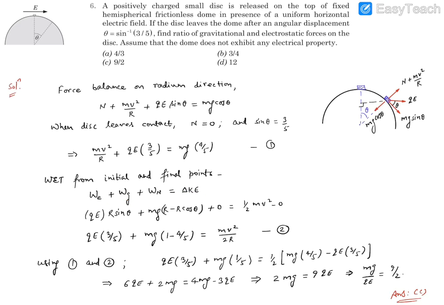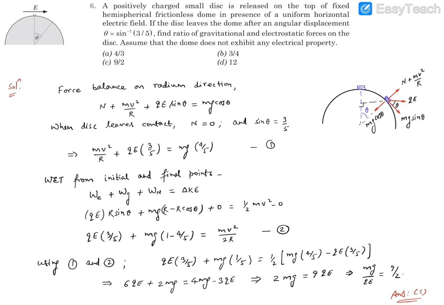Now work done by the electrostatic force is going to be F into displacement in that direction, because it's a constant force. So horizontal force and horizontal displacement. If you look at the horizontal displacement, this is going to be the displacement. This is 90 degrees. Now this is R, so this is going to be R sin theta. So R sin theta is going to be the displacement and the force is QE.